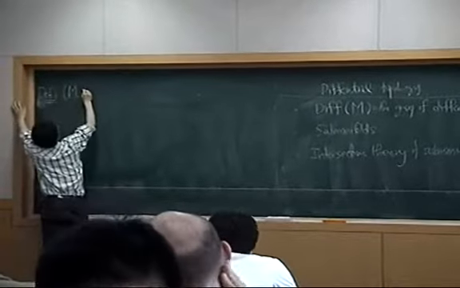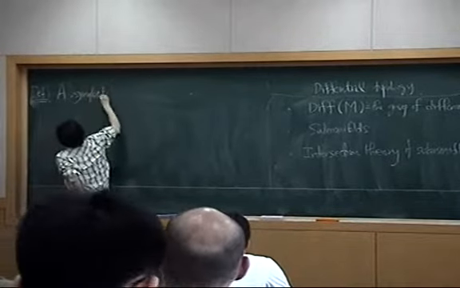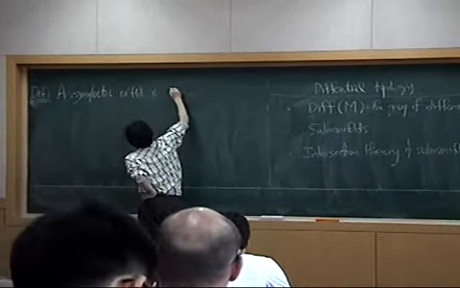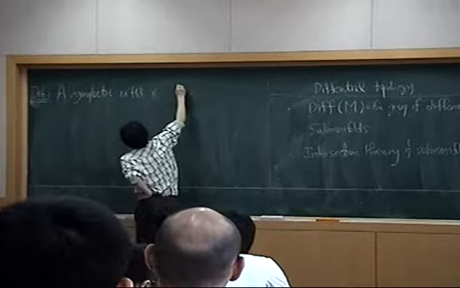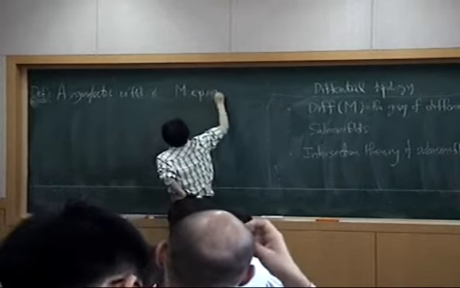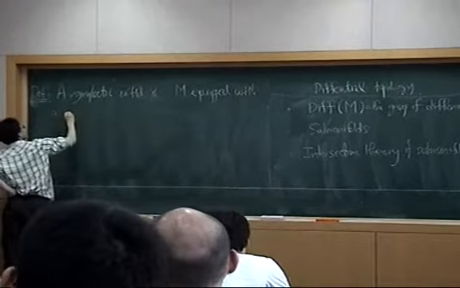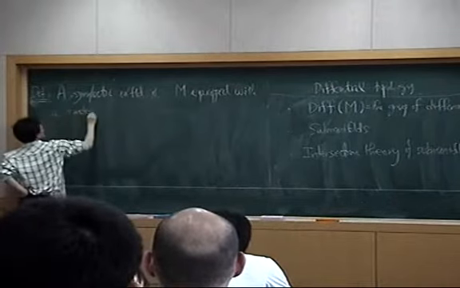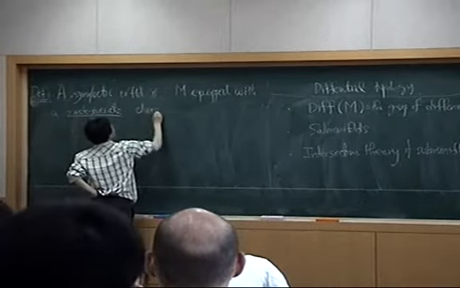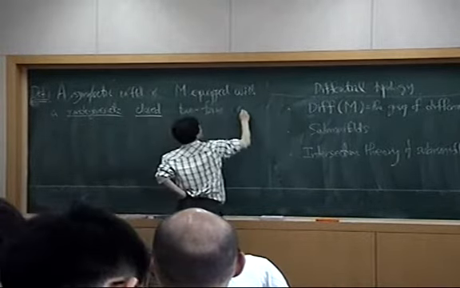A symplectic manifold is a pair: a manifold M equipped with a closed, non-degenerate two-form, denoted by omega.